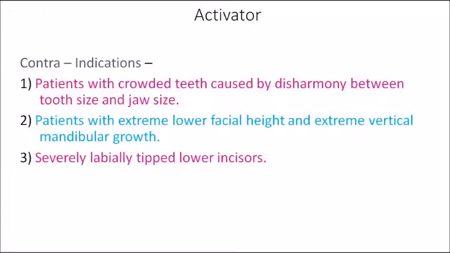So these are the major contraindications for activator therapy. First, patients with crowded teeth caused by arch length tooth size discrepancies. Second, patients exhibiting extreme vertical growth pattern with increased lower facial height. And third, persons who have severely proclined or labially tipped lower incisors.